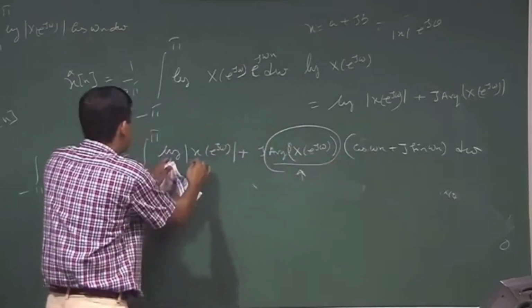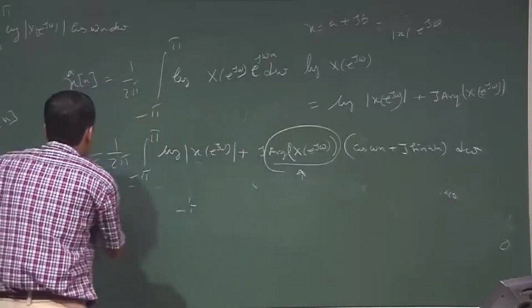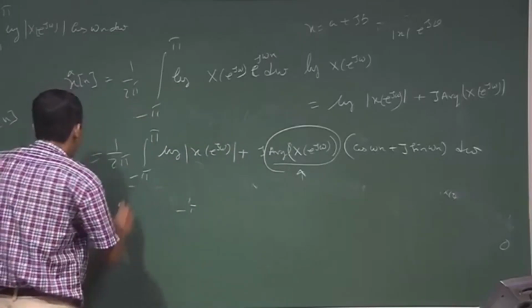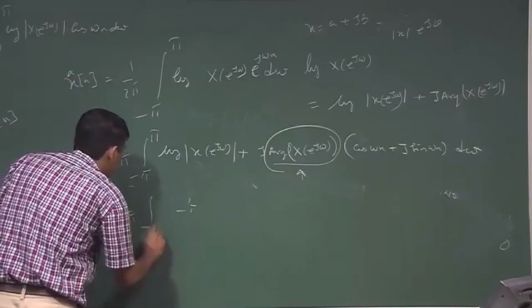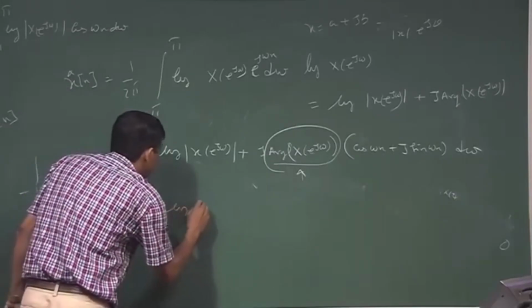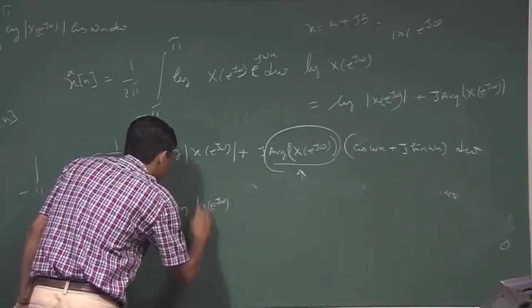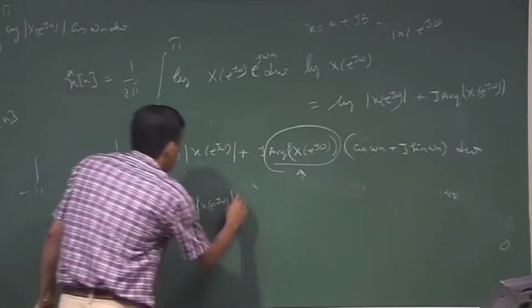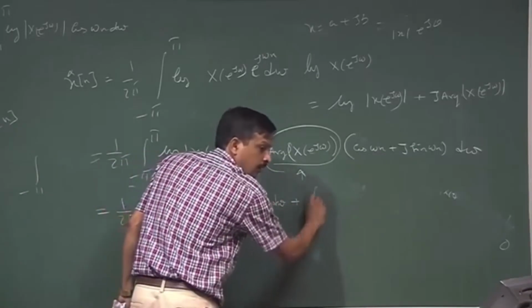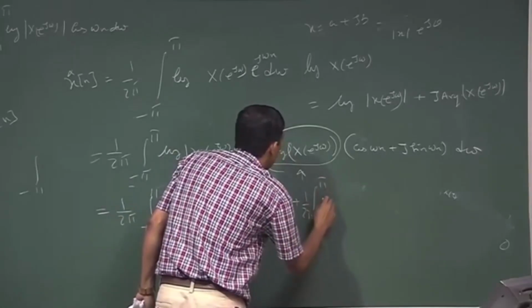Similarly, if this is multiplied with sin omega n, it will be 0. So instead of four terms, two terms will be 0. If two terms are 0, then this will be 1 by 2 pi, integral from minus pi to pi of log of |X(e^(j omega))| cos omega n d omega, plus 1 by 2 pi, integral from minus pi to pi of j.